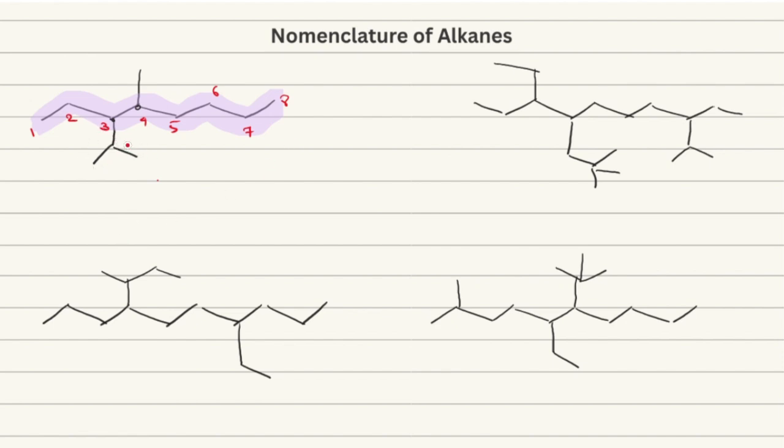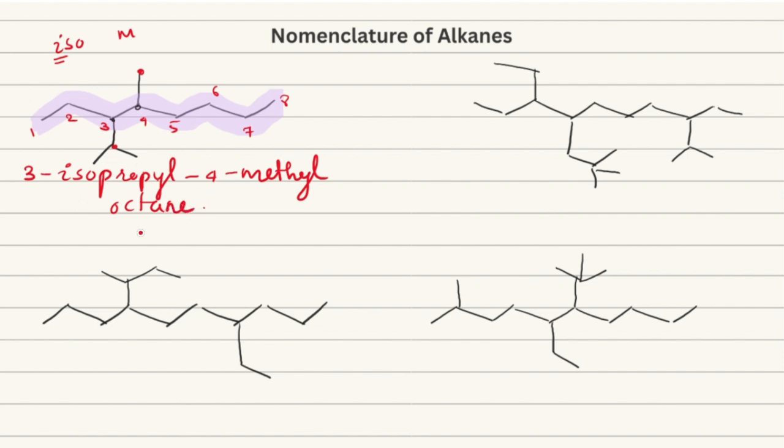Since a carbon is attached to 2 carbons here, we call this isopropyl. I have to compare isopropyl with the methyl, so isopropyl gets more priority. Therefore, 3-isopropyl, and at the fourth position there is a methyl, 4-methyl. Since there are 8 carbons, octane. This is the correct IUPAC name of the given molecule.